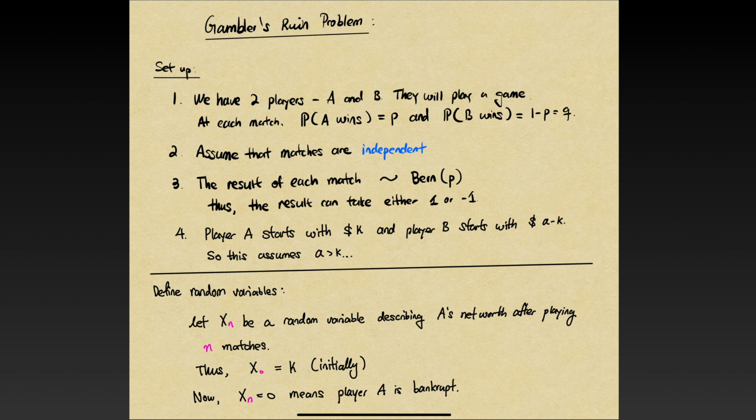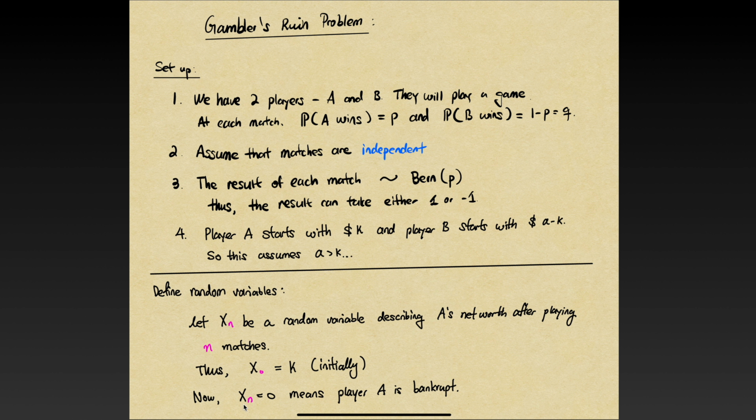Let X_n be the random variable, where the subscript n means that we have played n matches so far, and X_n will be player A's total net worth after playing n matches. So X_0 means player A and B have not played the game yet, so X_0 will be K. That's the initial capital that player A starts with here.